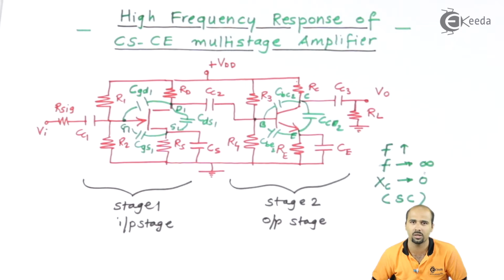After that frequency, your voltage gain starts decreasing and decreasing. So we have to find out the frequency after which we get a lesser amount of gain.